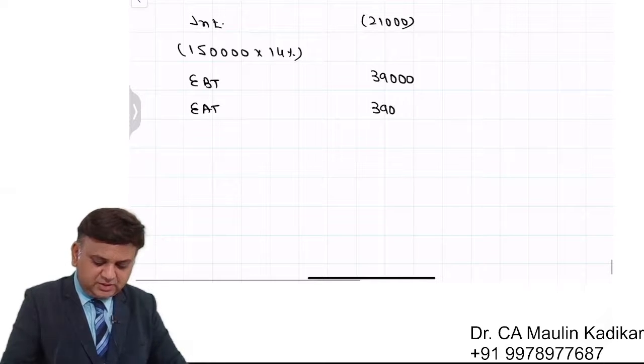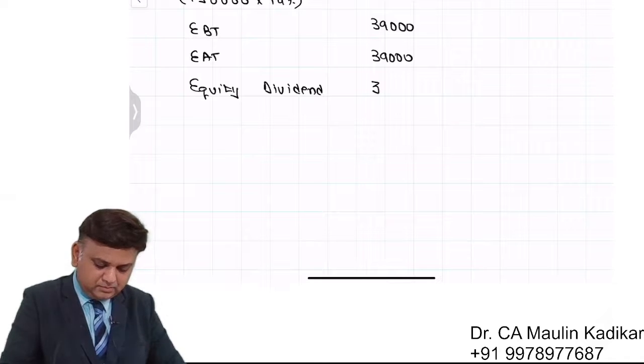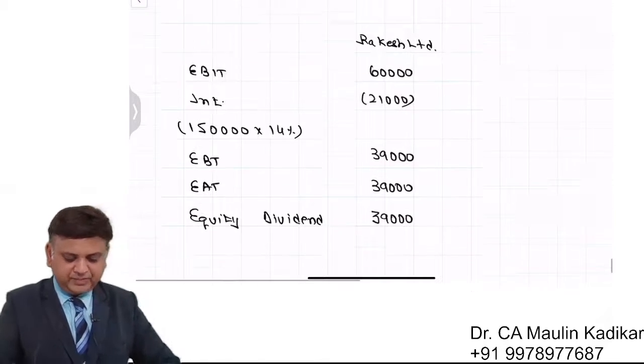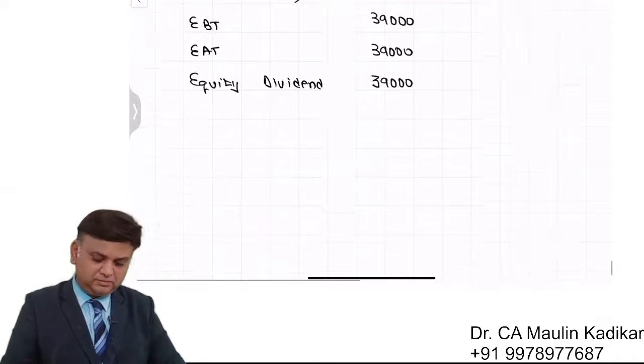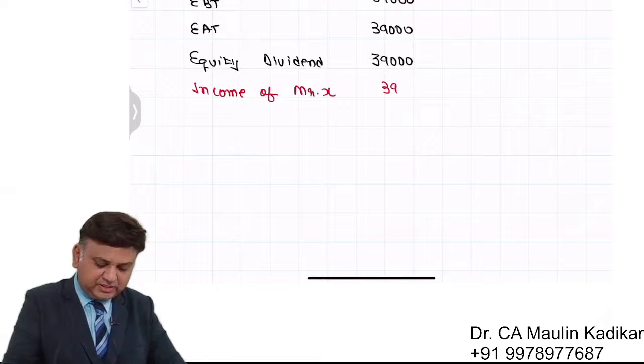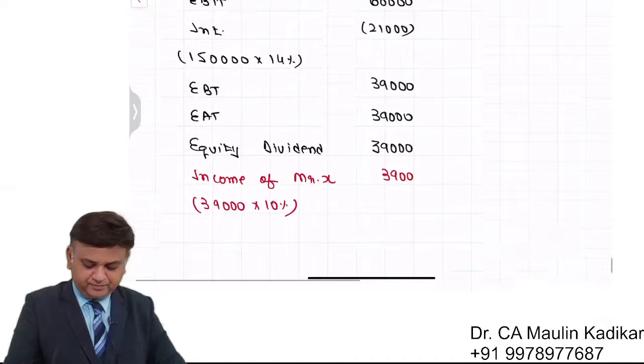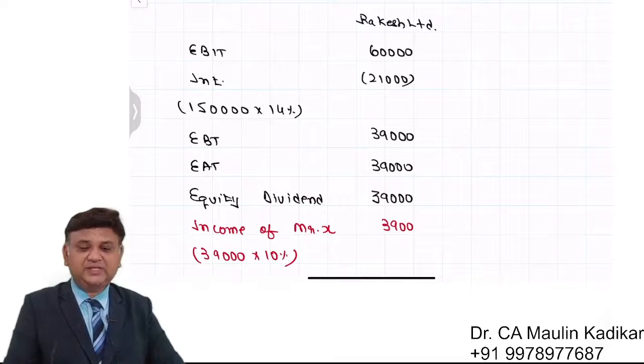Earning after taxes 39,000. Equity dividend is 39,000. Income of Mr. X is 3,900. It is 39,000 into 10%. That is the way income of Mr. X can be calculated.